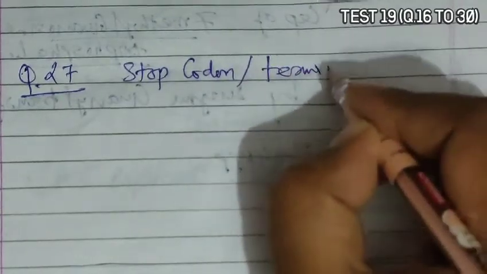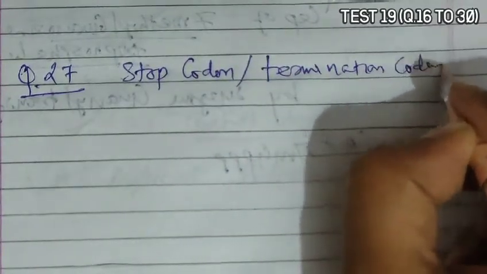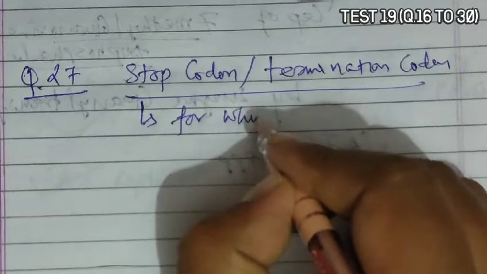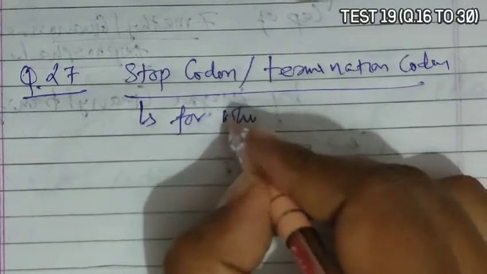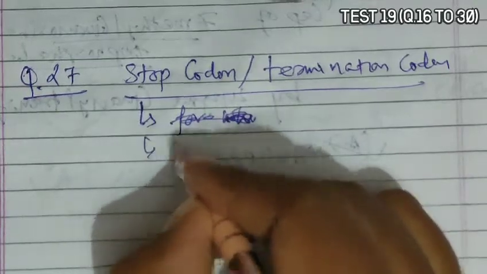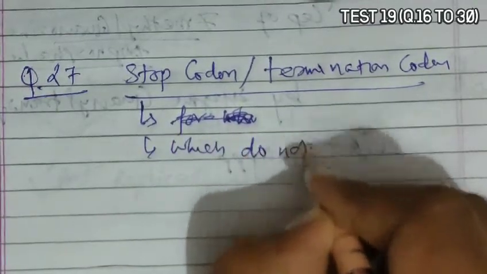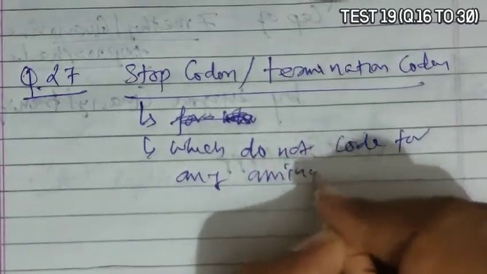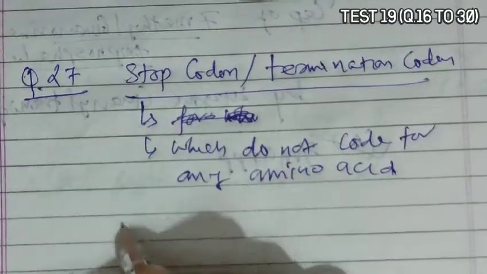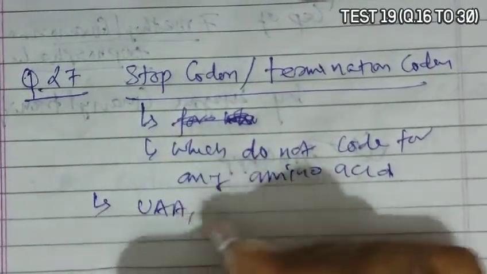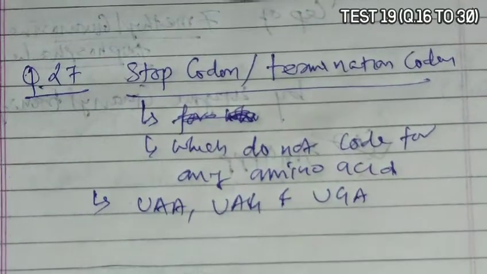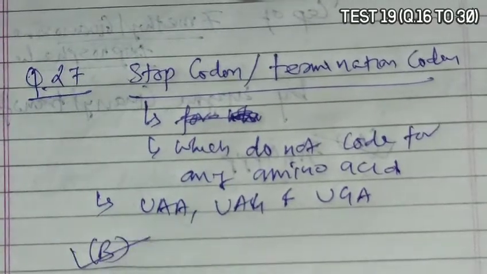Stop codon or termination codon are the codon which do not code for any amino acid, and these stop codon are UAA, UAG and UGA, that is option B. So B is the correct answer.